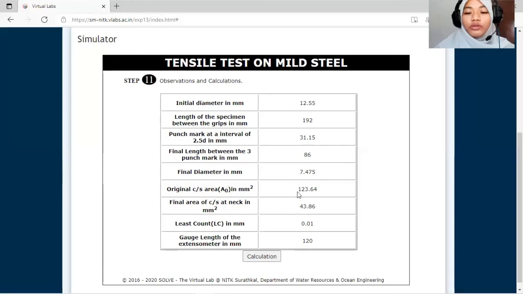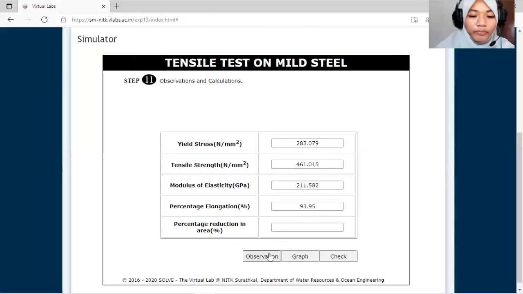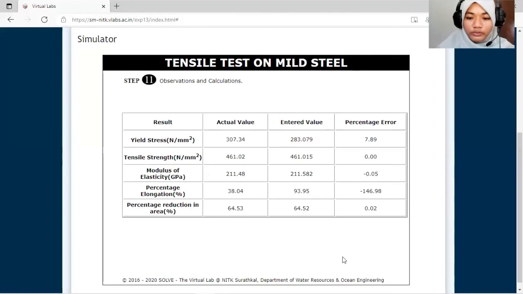The calculation is 123.64 minus 43.86 over 123.64, multiplied with 100, and we got 64.52. So we check the answer.